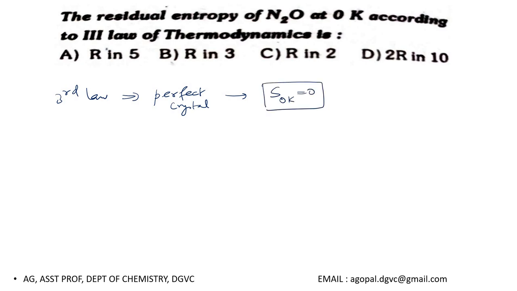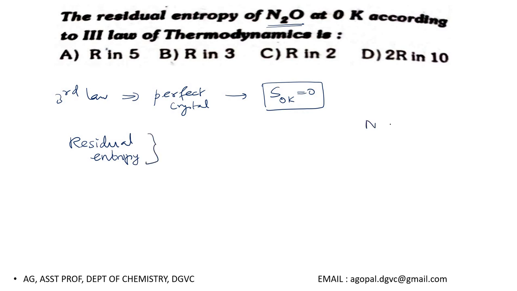But the given crystal is N2O. N2O has, due to some orientation of the molecules in the crystal lattice, some entropy, which we call residual entropy. So what is the residual entropy associated with N2O at 0 Kelvin?